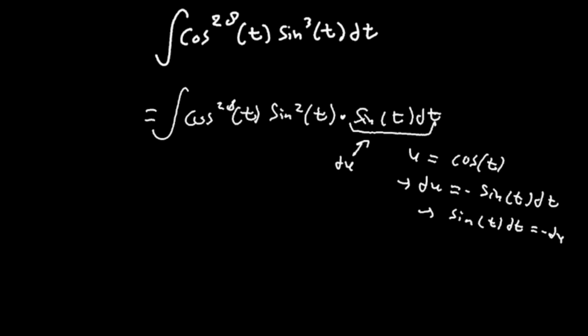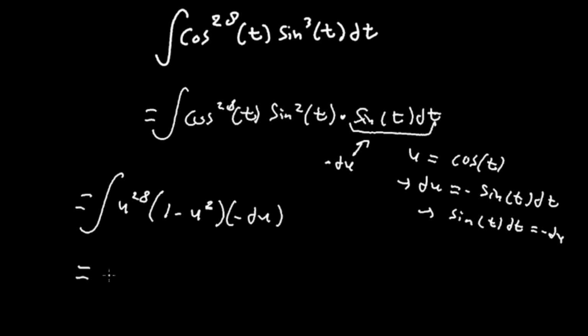And then all we have to do is change our sines to cosines, and then we can have this whole integral in terms of u. So this is going to become the integral of cosine to the 28, that's just u to the 28, and then sine squared of t is 1 minus cosine squared of t, so that's 1 minus u squared, because u is cosine. And this is negative du, as we saw earlier.